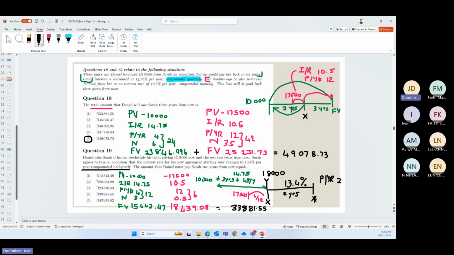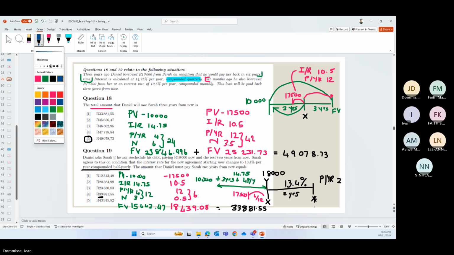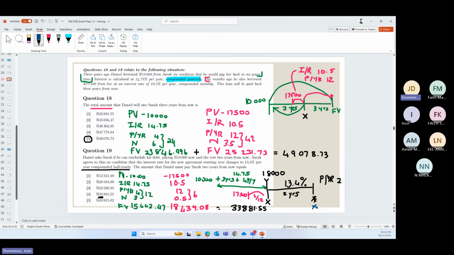There's actually that answer. So we now worked out what it is now, but when they say the amount that Daniel must pay Sarah 2 years from now, we actually want to work out the value 2 years from now.